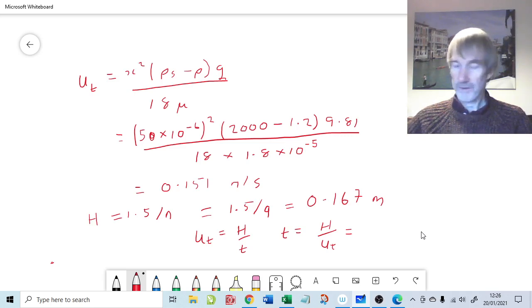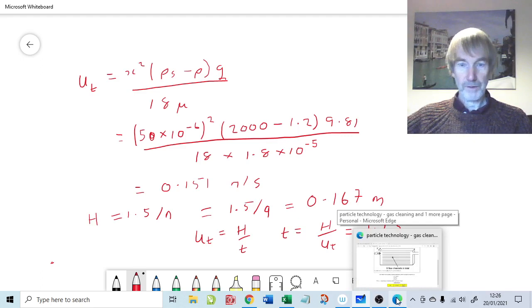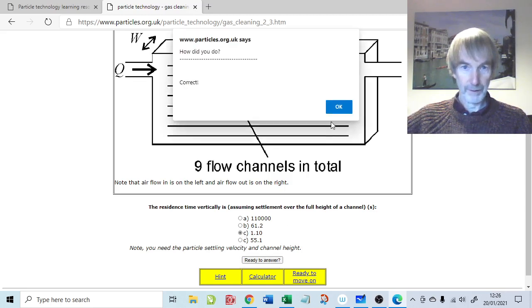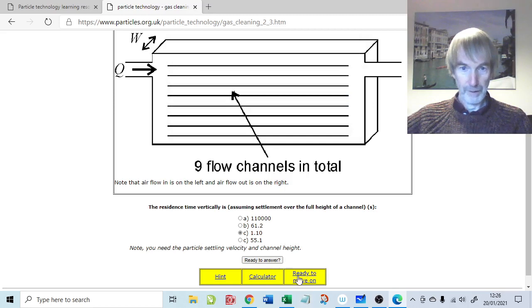So the residence time vertically is 1.1 seconds. That's the time taken for the particle to deposit from going from the very top here to the very bottom there, for each of those plates. 1.1 seconds. There we go. It's that one there. Ready to answer. Quick check. Correct. Good. Ready to move on.